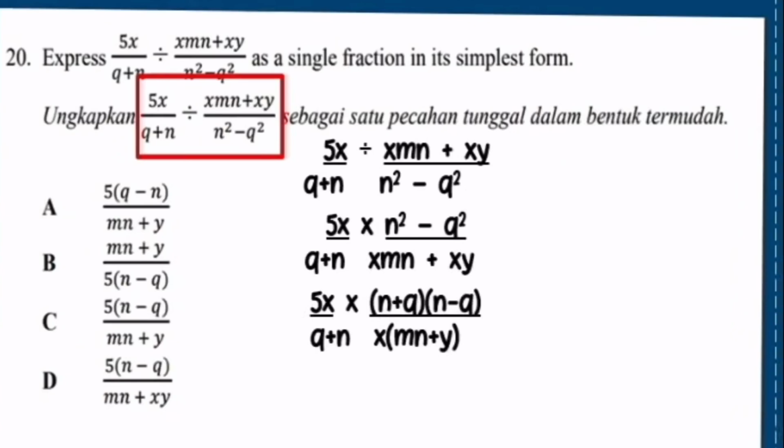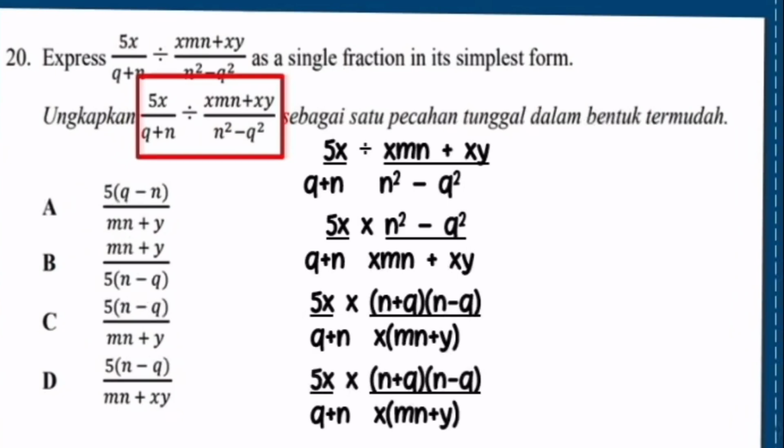Then the x you can factorize, becoming x times mn plus y. And then you can cancel out the q plus n and n plus q, which are the same. You can cancel out the x also. So finally, I'm sure you will get the answer. Your answer is 5 times n minus q.